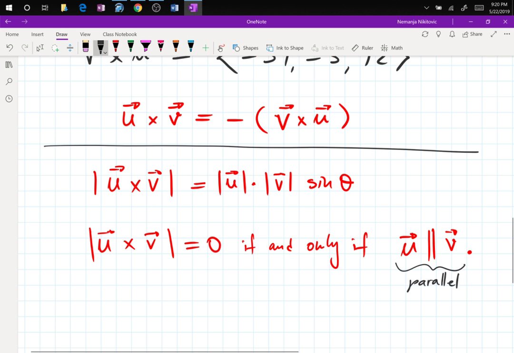So that one runs parallel. Two vectors are orthogonal if they are perpendicular. In this case, if the dot product is 0, then two vectors are orthogonal. If the cross product is 0, then two vectors are parallel.